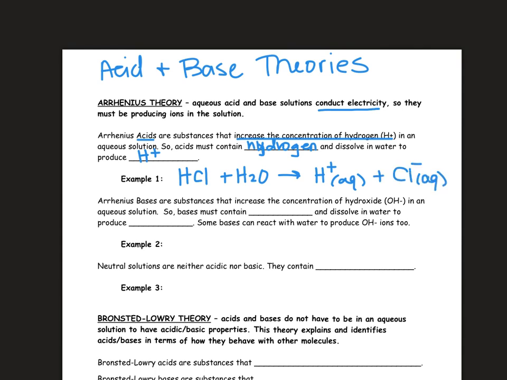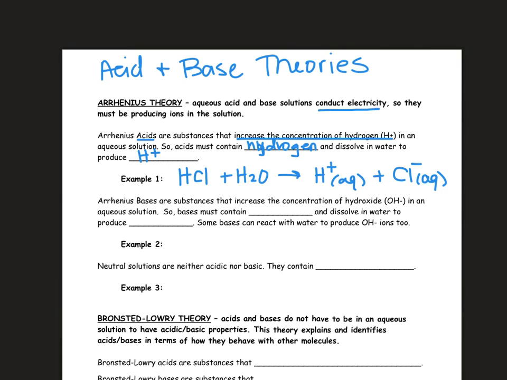All these little positive and negative charges allow conduction of electricity. That's why we see that they all conduct electricity. Notice though, it just splits them apart into their components. That's the premise of dissolving. So when acids dissolve, we get lots of hydrogen and chlorine ions.